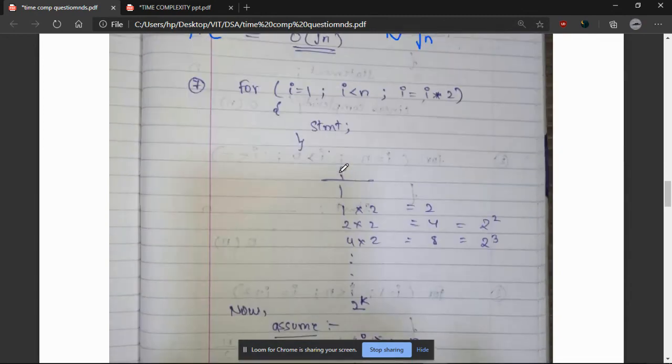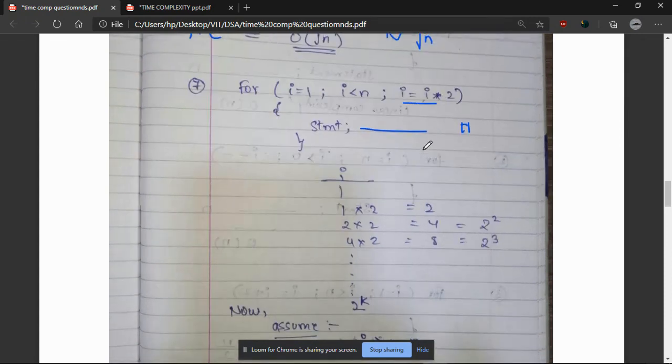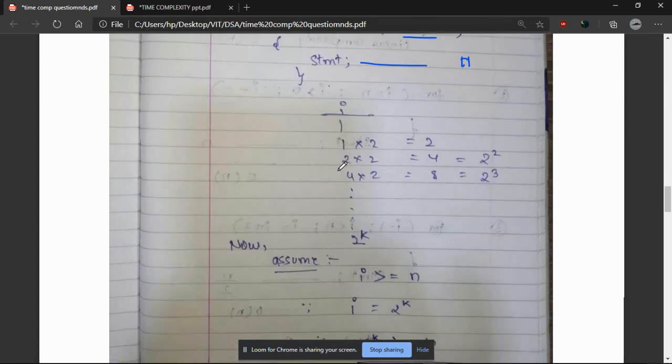Now another example. We have a for loop, i equals 1, i less than n, i equals i into 2. The statement here runs. Okay. Now we take i again as 1. Then this is the condition. 1 into 2, 2, 2 into 2, 4, 4 into 2, 8, and this is the pattern which goes on and on, and finally we have 2 raised to the power k.